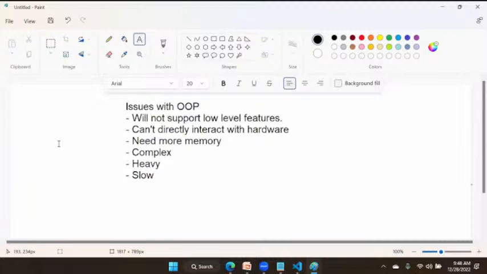Object-oriented programming is not great every time. There are a lot of issues. That is the reason we don't prefer object-oriented programming everywhere. For example, we have an air conditioner, washing machine, microwave oven, or refrigerator. We don't have a Java program inside them.